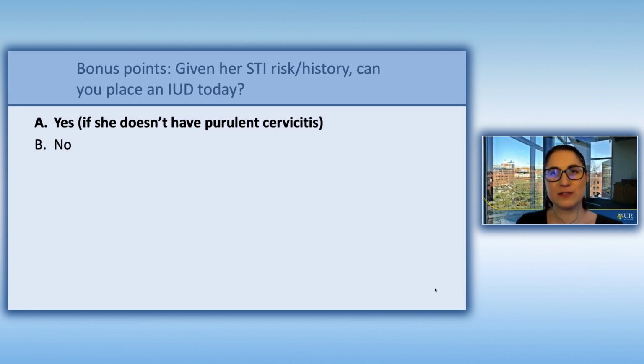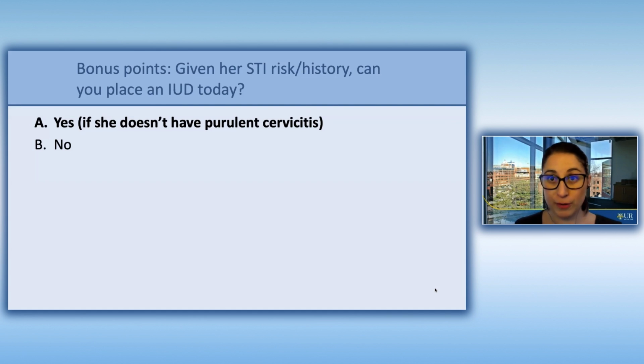This is just an important general point. When it comes to contraception, everything needs to be seen through the lens of the alternative being pregnancy, right? This young person made it to your clinic, is interested in contraception, and is identifying that that's a need for her.